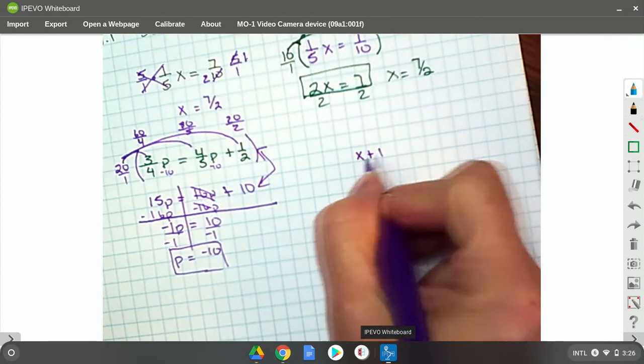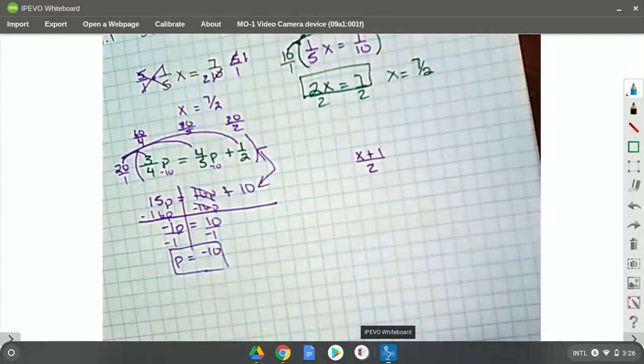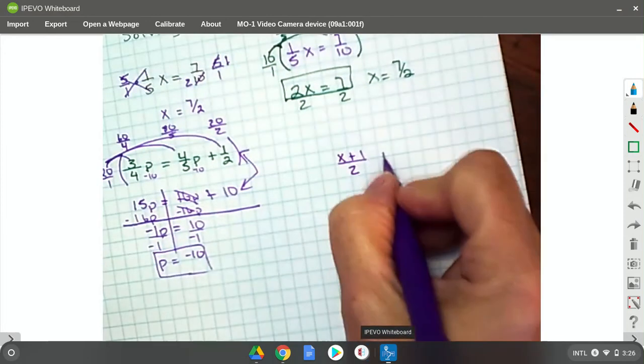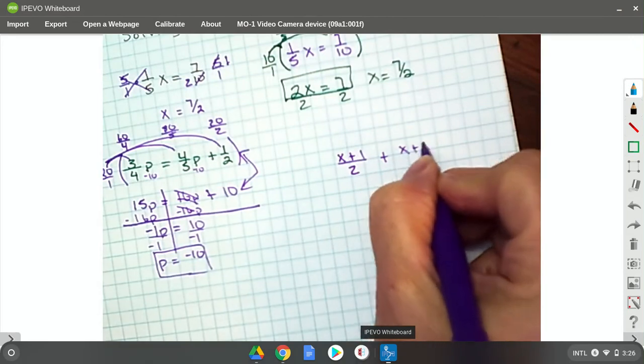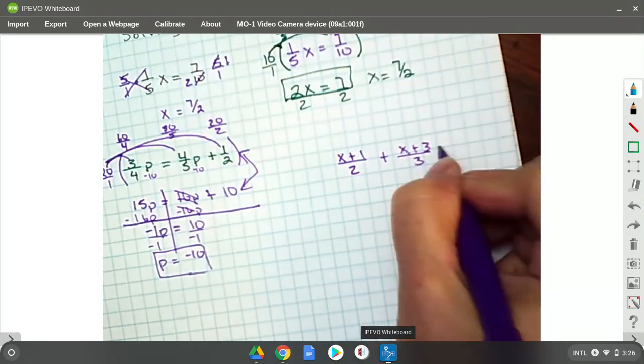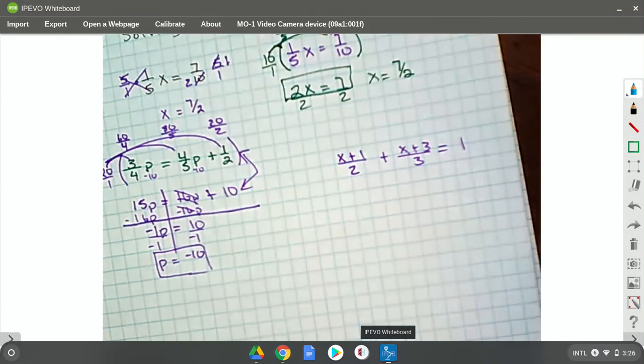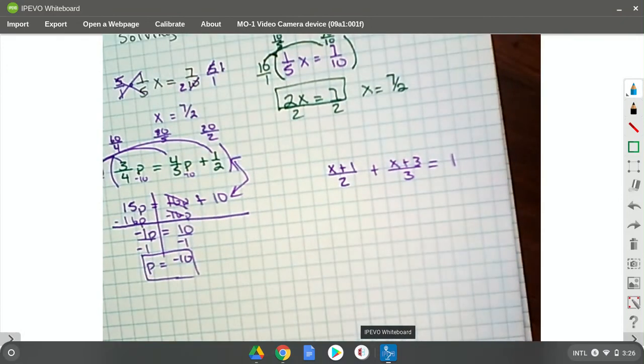What if I have x plus 1 over 2 plus x plus 3 over 3 is equal to a 1? Well, my common denominator is the 6, right?